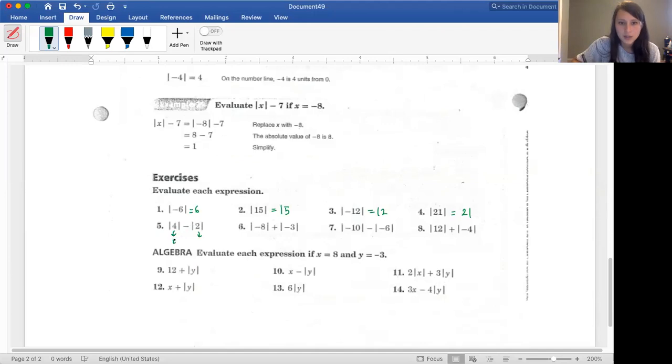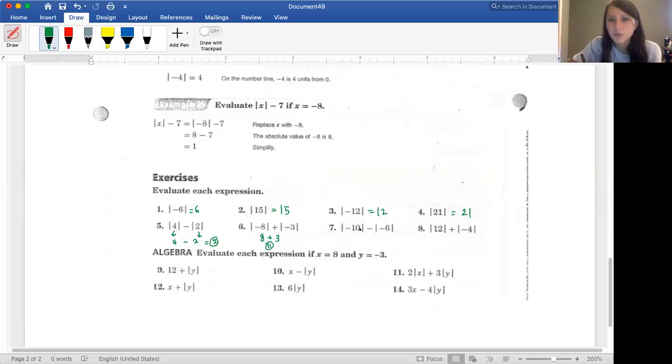So I'm going to look at this as 4 and 2, and I'm subtracting the 2. So 4 minus 2 would be 2. Okay, -8 and -3. Now, because they're an absolute value, I'm going to look at them as positive numbers. So 8 and 3. So 8 plus 3 would be 11.